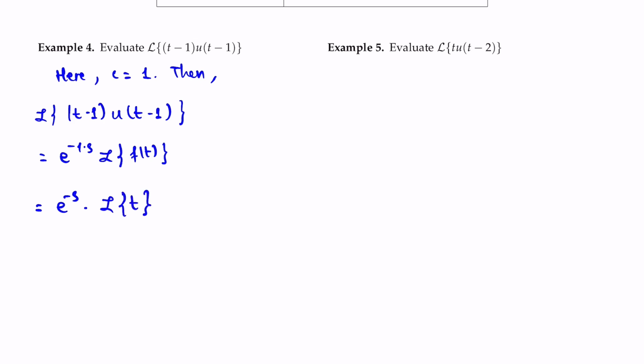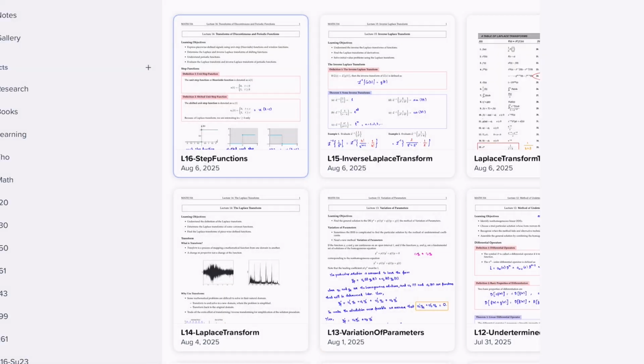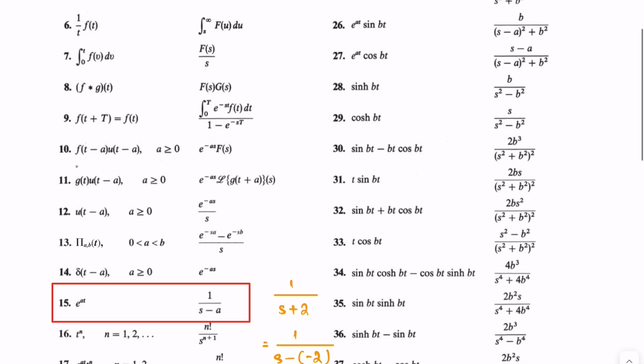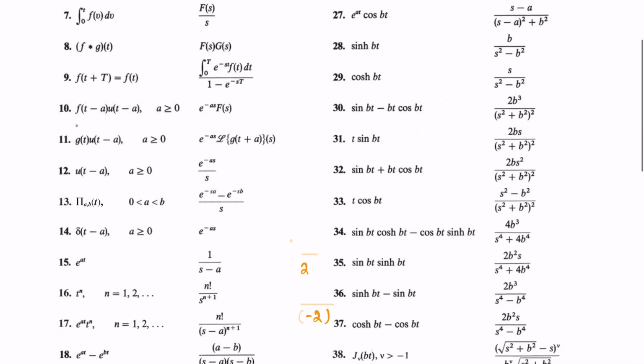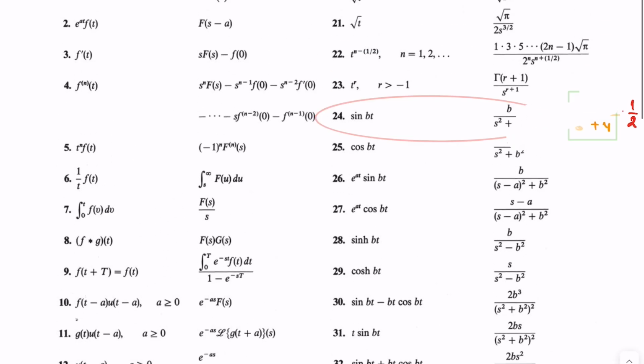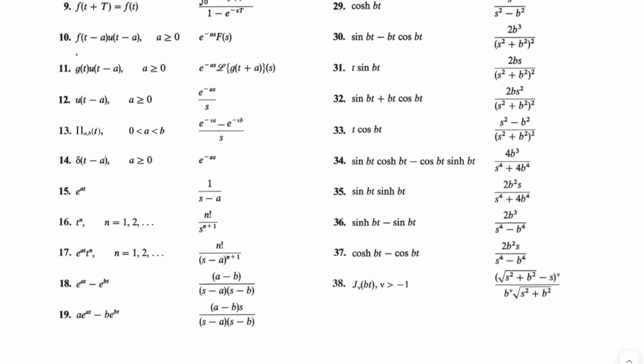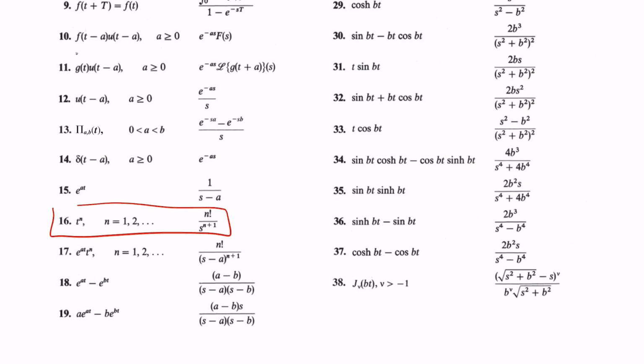Okay? You go to the Laplace transform table, and the Laplace transform of t is what you're looking for right here, number 16. In this case, n is equal to 1. So the Laplace transform of t to the first power is 1 factorial over s to the power 1 plus 1.